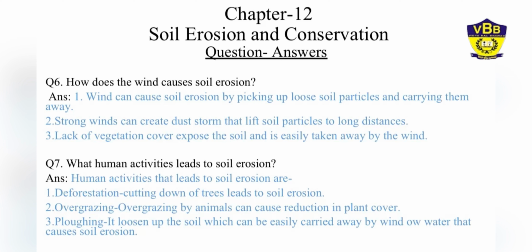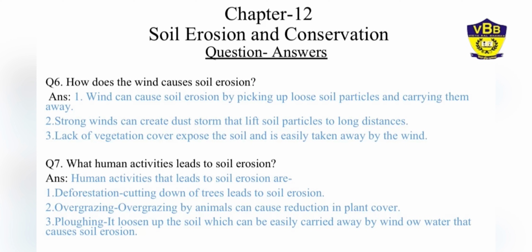Lack of vegetation cover exposes the soil and it is easily taken by the wind. Means sometimes the farmers leave their soil barren. At that moment, it leads to soil erosion, because due to lack of vegetation, the soil is not held by the roots of the plants. So it is easily carried away by the wind.